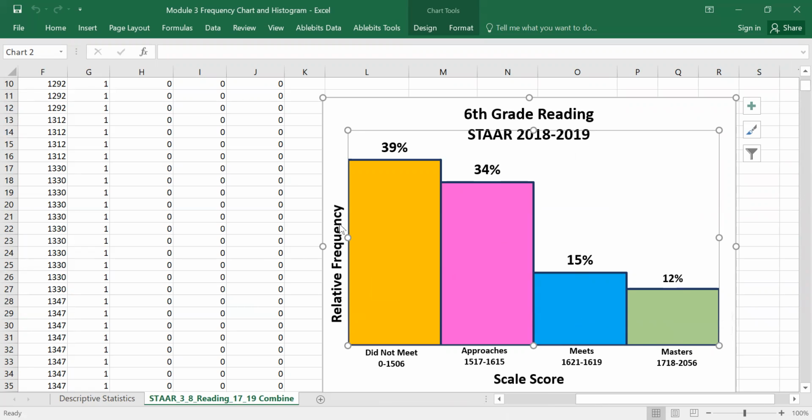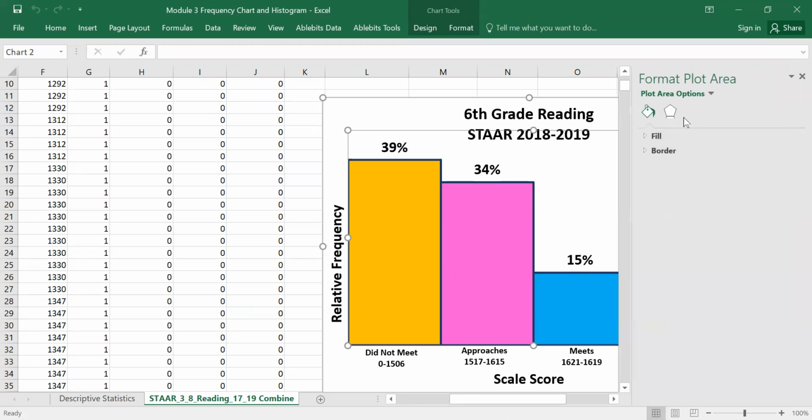So I did that by going to right here. Let me click on my plus again. And I did the arrow down. Let me find out where I did this. I did chart options.